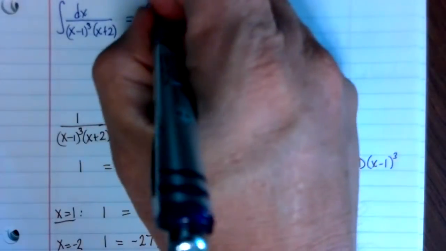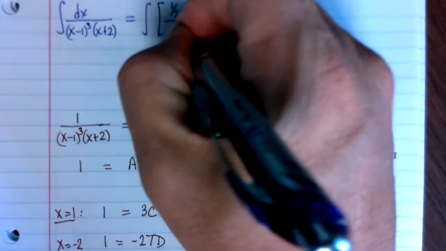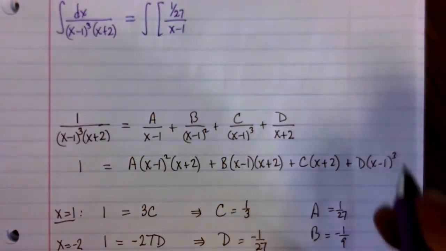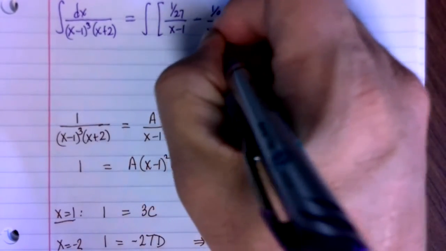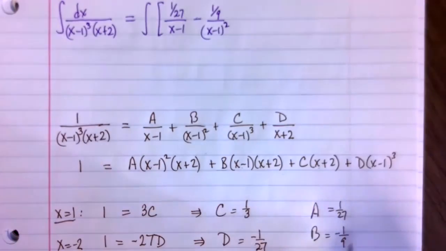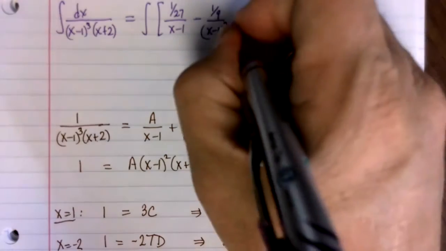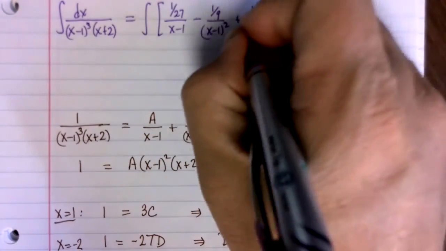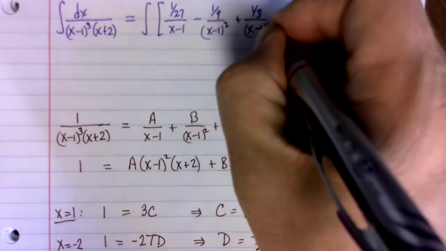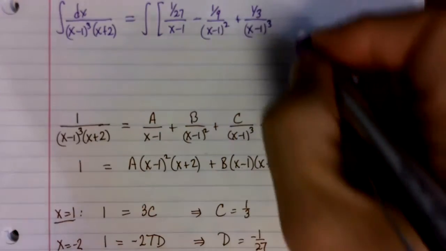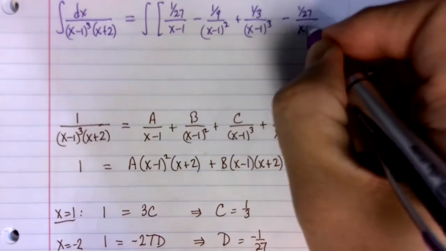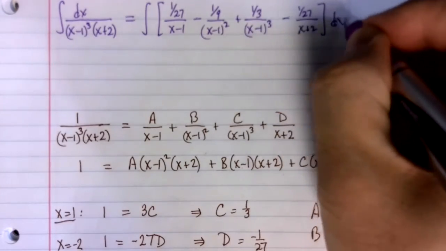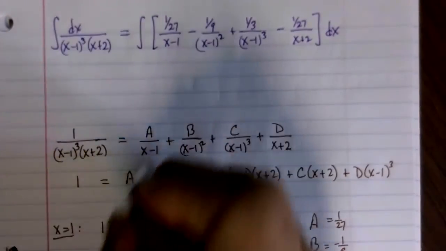This is equal to the integral of A, which is 1 over 27 over x minus 1; B is -1/9 over (x minus 1) squared; C is a third over (x minus 1) to the third; D is -1 over 27 over x plus 2, dx.